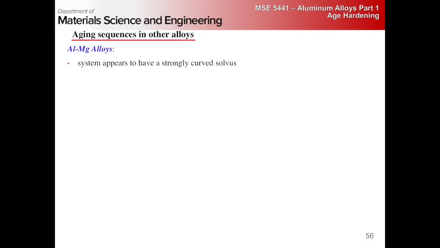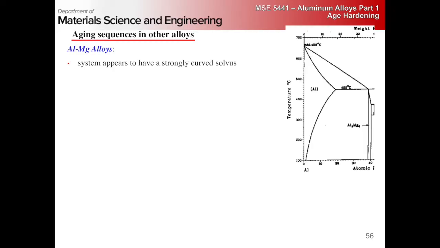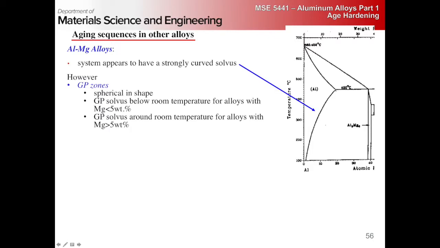I briefly mentioned aluminum magnesium, right? And if we look at the phase diagram, we have a very strongly curved solvus line, right, with about 16% solubility of magnesium in aluminum at 450 C. However, our GP zones are spherical in shape, right?